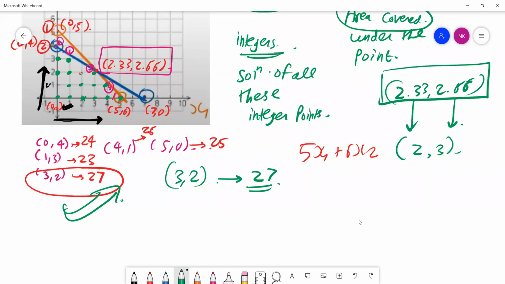Now, this particular value 2.3 will be there as one of the answers. The same thing that we have learnt: the rounding function for 2.33 and 2.67. If the values are less than 0.5, then we round to the floor value, the bottom value. And if it is greater than or equal to 0.5, then we round to the ceiling value.